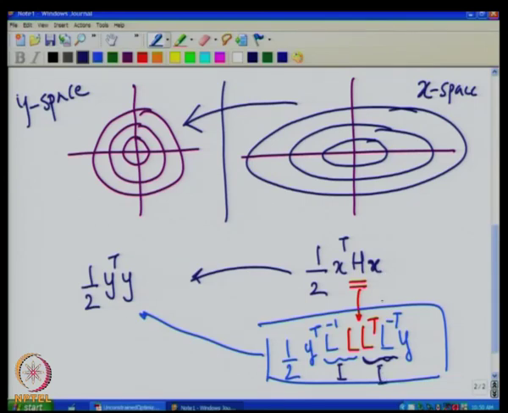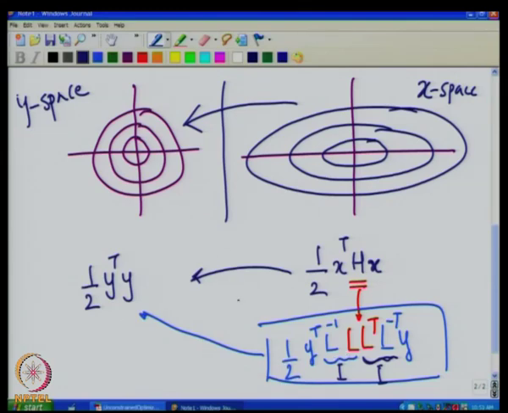So, if x is written as L minus transpose y and H is decomposed to L L transpose, then because of the nature of this factorization, these terms get cancelled, these terms get cancelled, and finally, what we get is y transpose y.